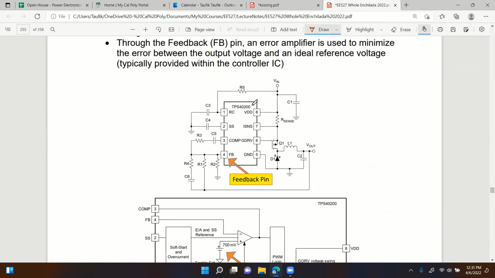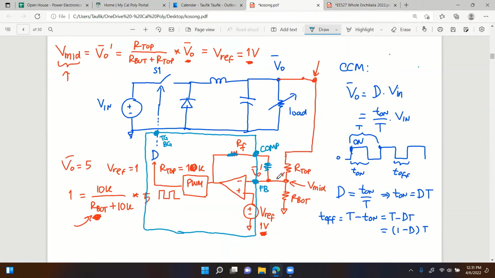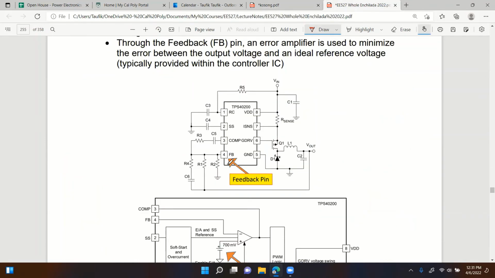Our controller is from Texas Instruments, TPS 4200. It has 8 pins, and you can see the output goes back into the controller through the feedback pin. And here's the voltage divider. This is what I called R top in the previous page, and this is what I call R bottom.